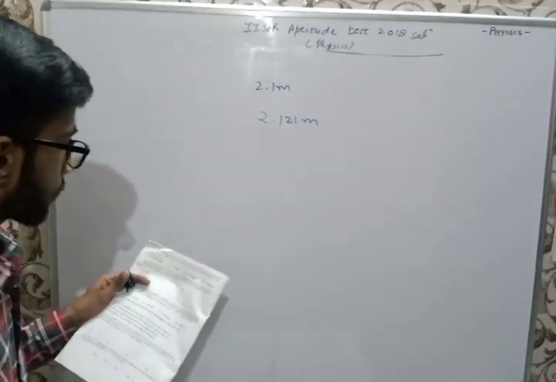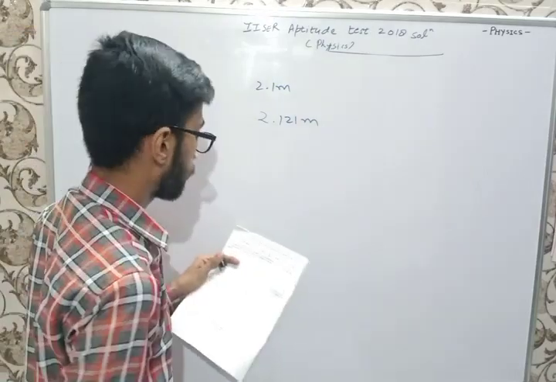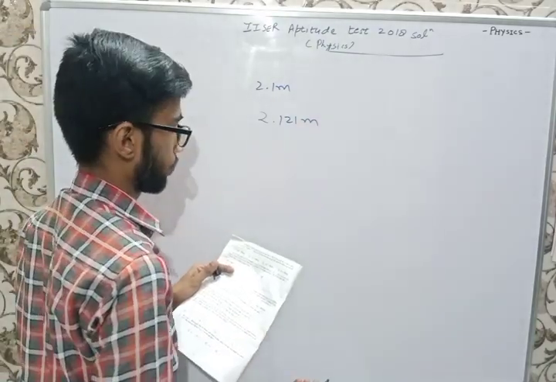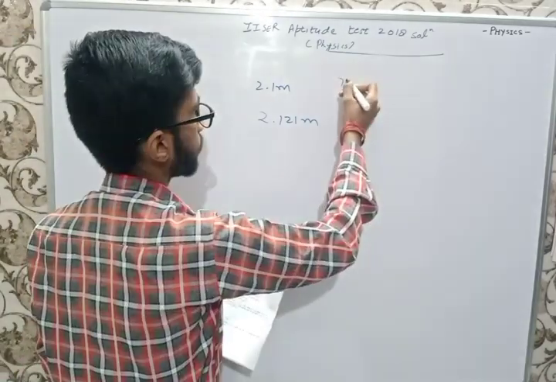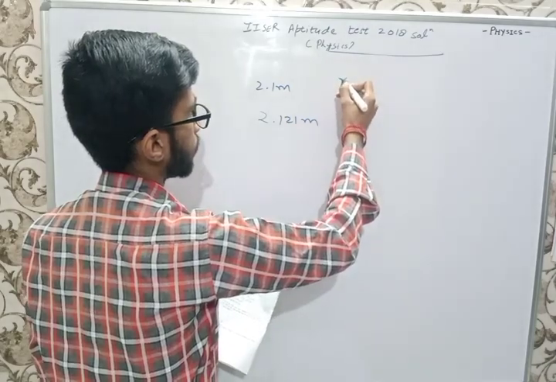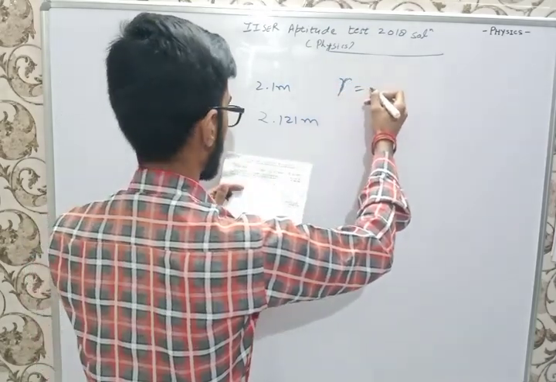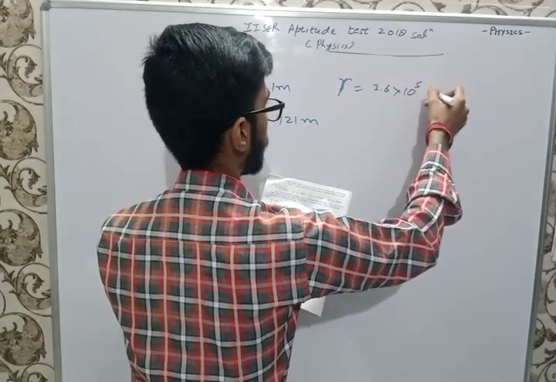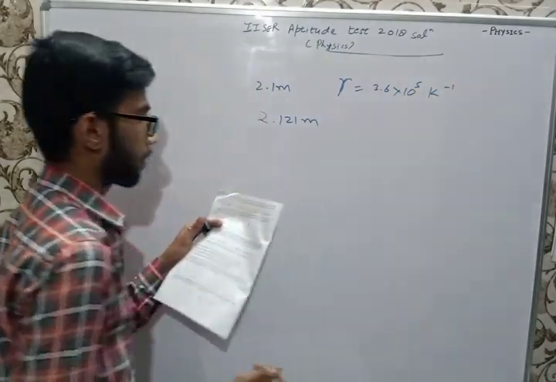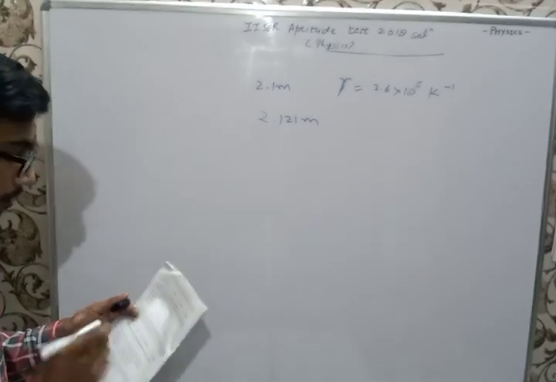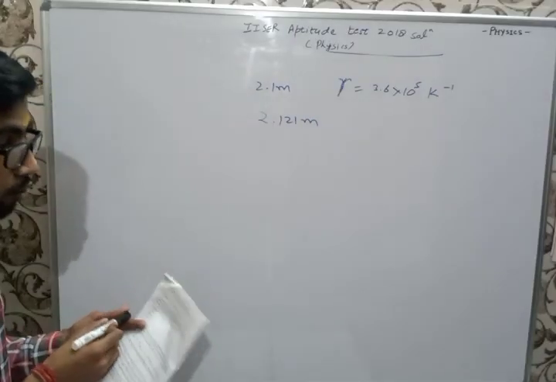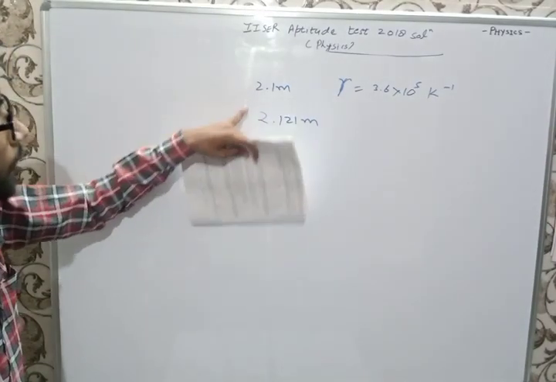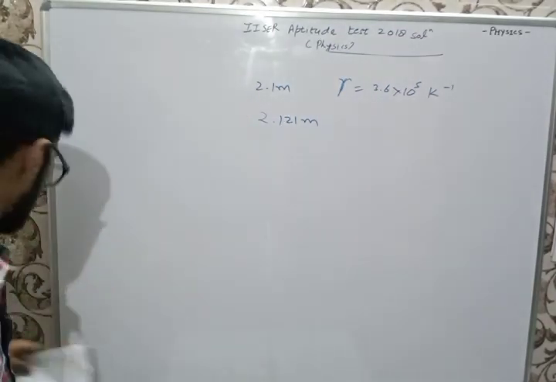It is given that the coefficient of volume expansion, gamma of iron, is 3.6 into 10 to the power 5 Kelvin inverse. Then how much should the temperature be raised to fit the iron ring into the wheel?